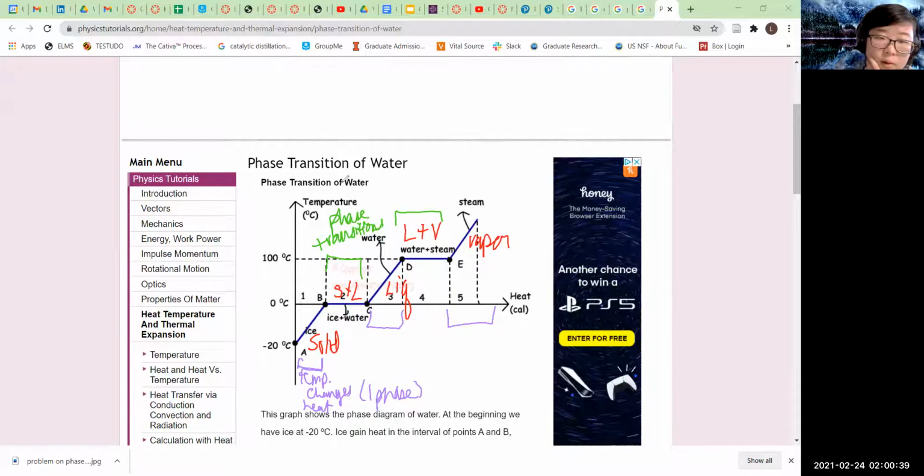So right here, you can see this is solid-liquid equilibrium. You have solid and liquid, and they're in dynamic equilibrium. And you have VLE here, or vapor-liquid equilibrium. I'll try to keep this video short.